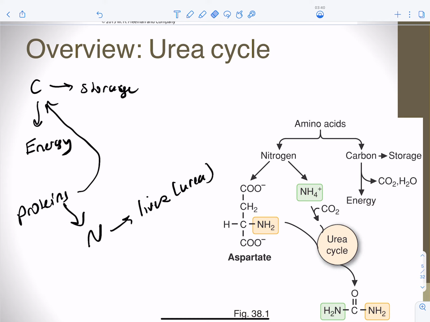So the glutamate dehydrogenase reaction is important, and it's going to depend on your ATP and ADP levels. So you have your ammonium ion, and you have alpha-ketoglutarate.